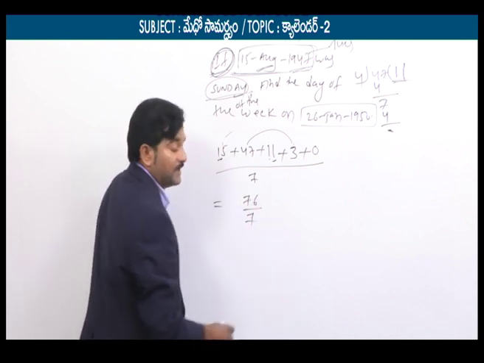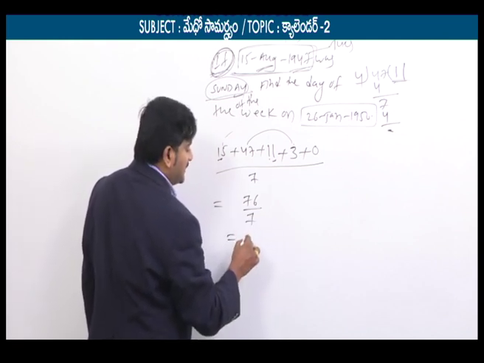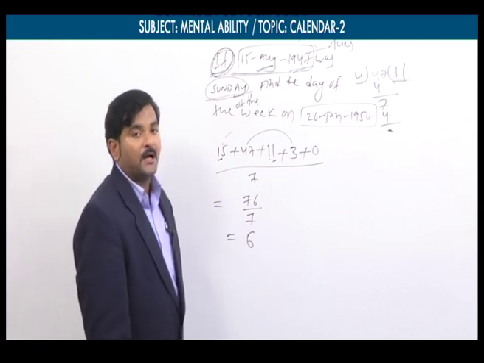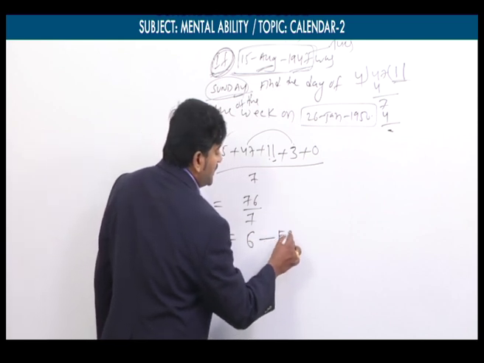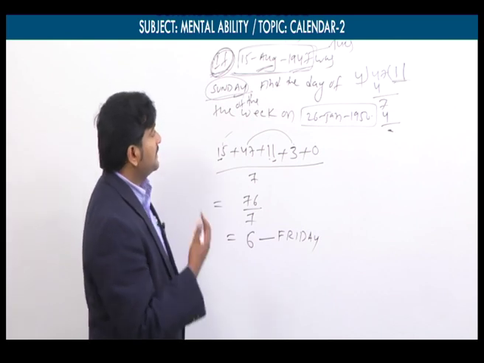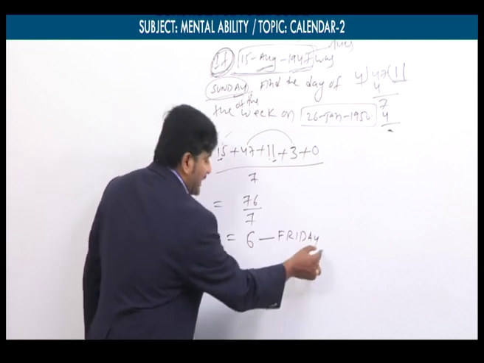76 by 7. 76 by 7, how much will you get? 7 tens are 70. What is my remainder? 6. According to the day codes, if my remainder is 6, you get Friday. Actually, 15th August 1947 was Friday only.